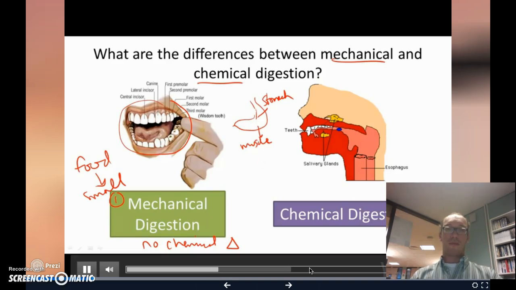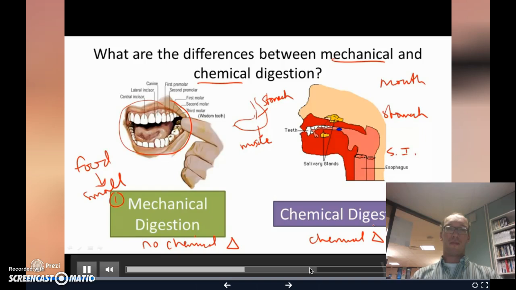The next type of digestion takes place in the mouth, stomach, and small intestines. This is chemical digestion. Chemical digestion involves chemical changes of food.